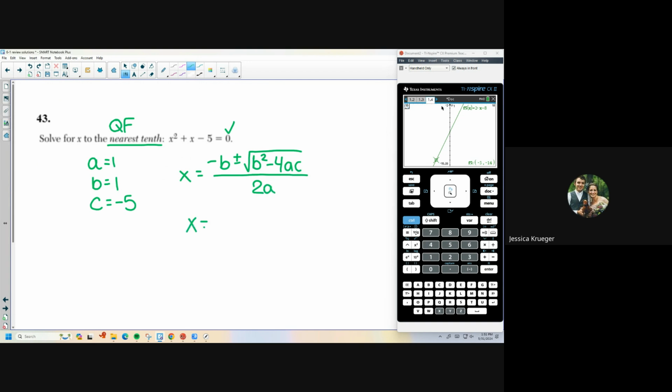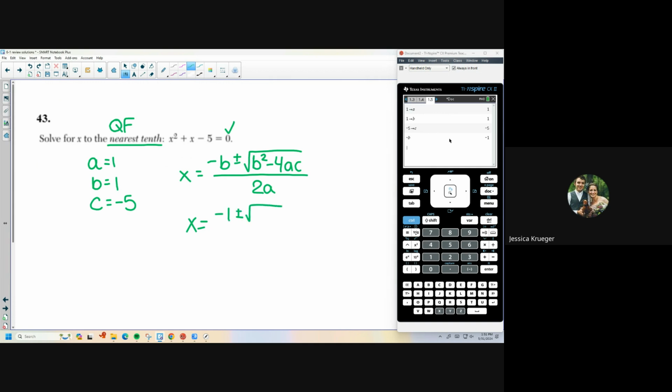And then you're going to store your values. So 1 is going to be stored as A. 1 is going to be stored as B. And then -5 is going to be stored as C. So now I'm going to type in -B, and I get -1.